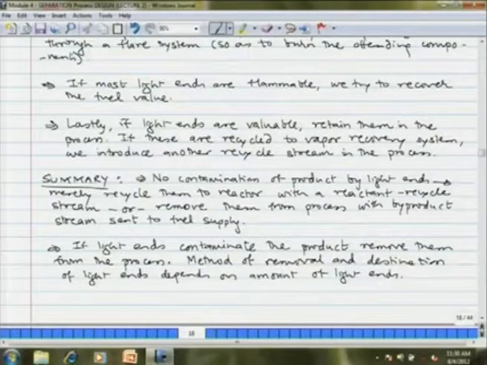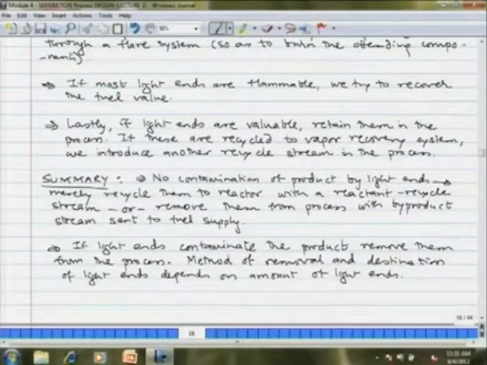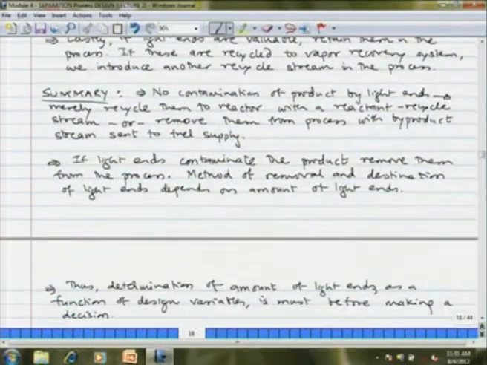If these are recycled to the vapor recovery system, we introduce another recycle stream in the process. But remember that this recovery of the valuable light ends comes at a cost. So, summarizing, no contamination of product by light ends, merely recycle them to the reactor with a reactant recycle stream, or remove them from the process with the byproduct stream and send to fuel supply.